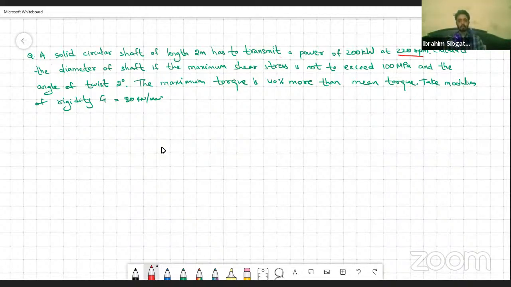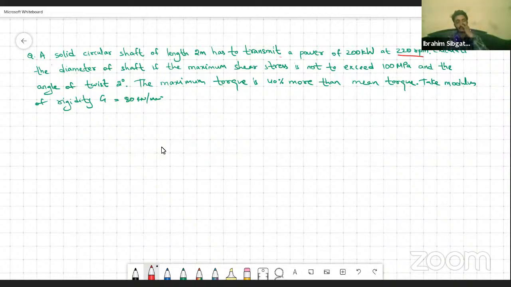Then the maximum torque value is given. Indirectly it is mentioned in the question that the maximum torque is 40% more than the mean torque. So whatever mean torque we get, we have to increase it by 40%. And finally, the modulus of rigidity is also given.